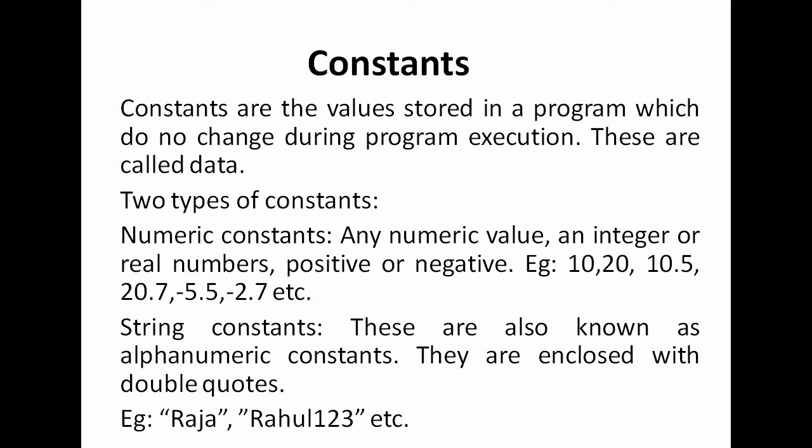They are fixed values. 10 means 10, 20 means 20, 10.5 means 10.5, 20.7 means 20.7. They don't change their values while the program is executing or running. And the positive or negative values can be, here, minus 5.5, minus 2.7. So these are your negative values.